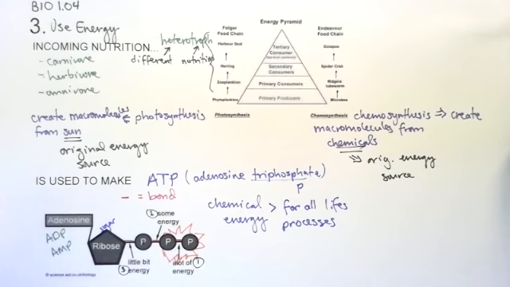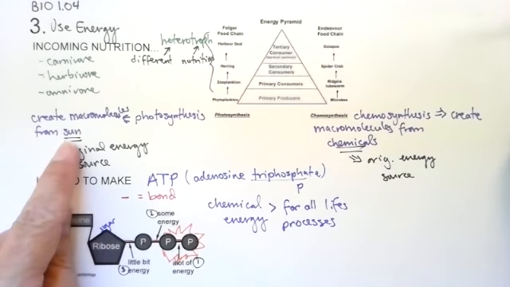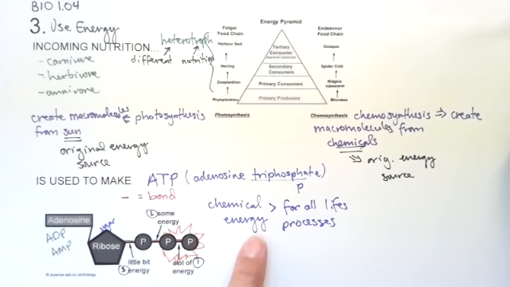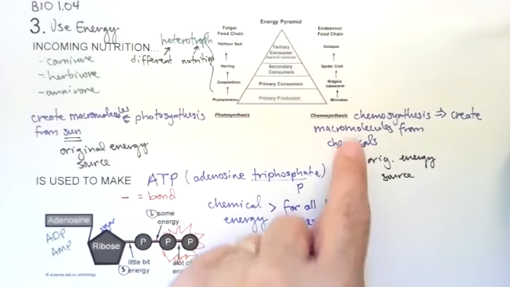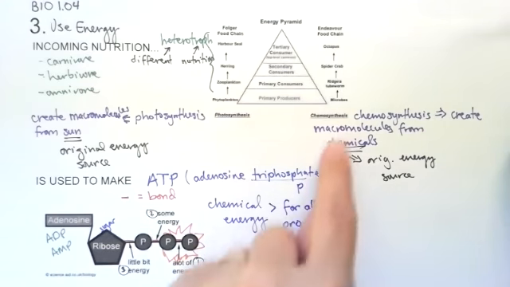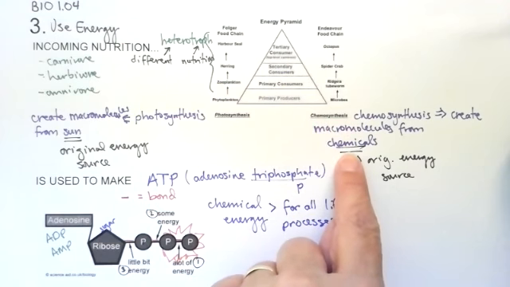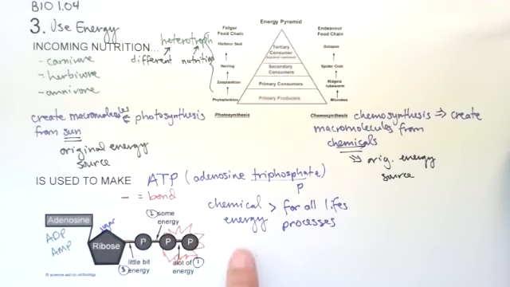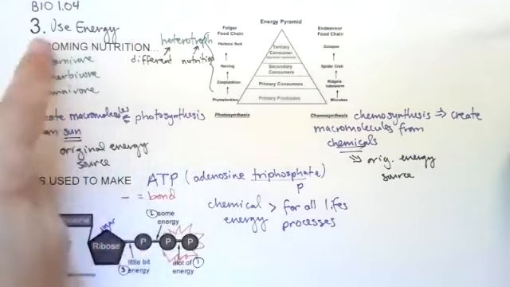So if you're you and you're a vegetarian, you're eating all plants, your original energy source was the sun, you're turning sun energy, solar energy into chemical energy for use in your body. If you're an octopus, you might be eating something that used chemosynthesis, and you're going from one kind of chemical energy to another kind of chemical energy. And here we're building up.